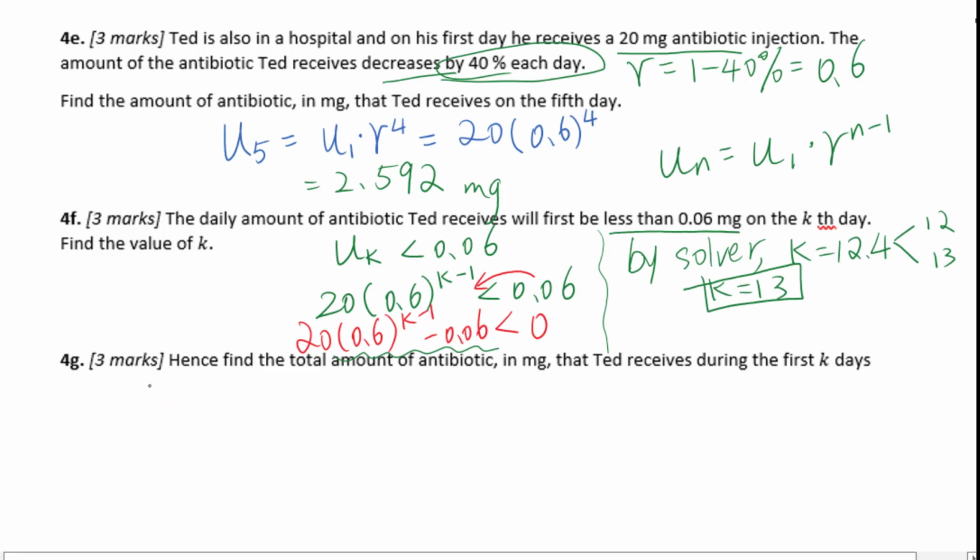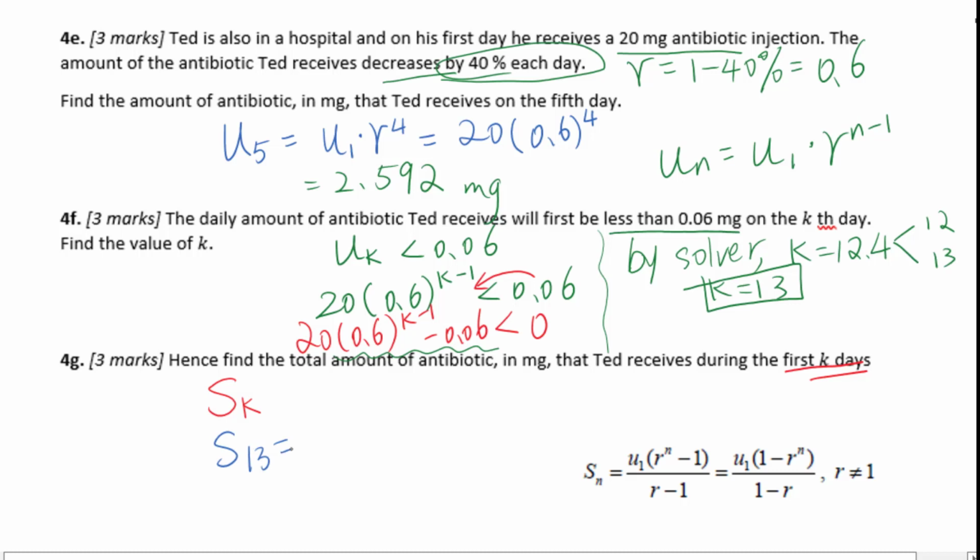For 4G, hence find the total amount of antibiotic in milligrams that Ted receives during the first k days. We are looking for S sub k. We already know k is 13. So basically, we are looking for S sub 13.